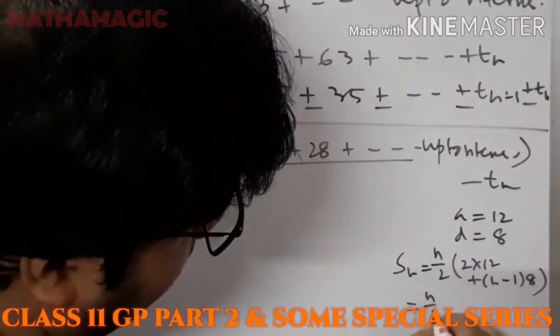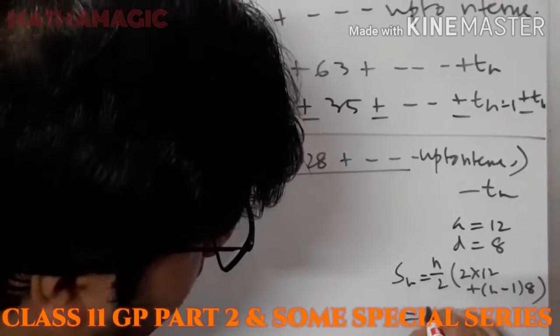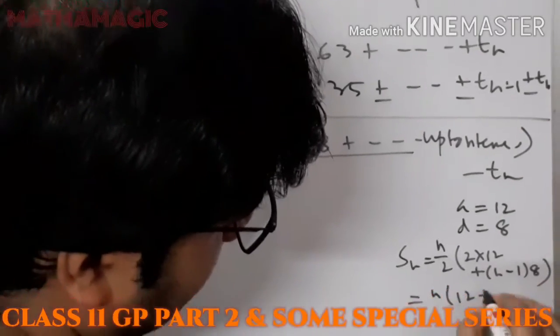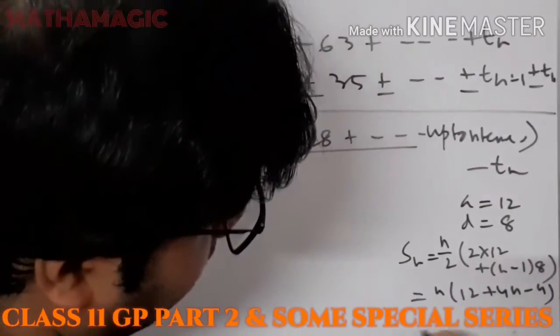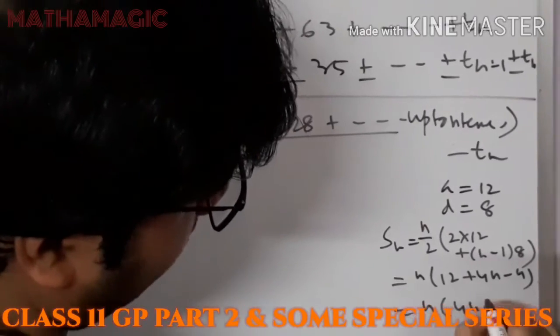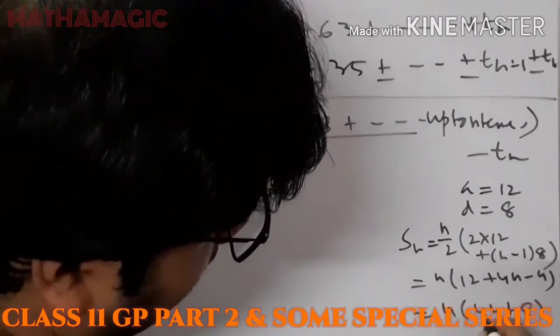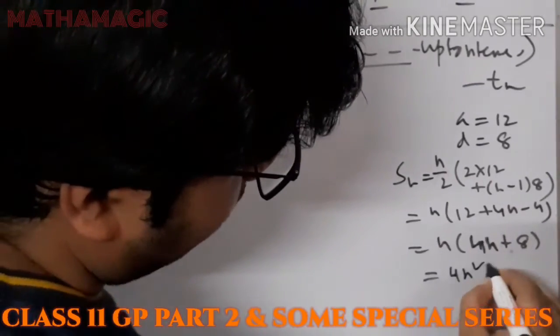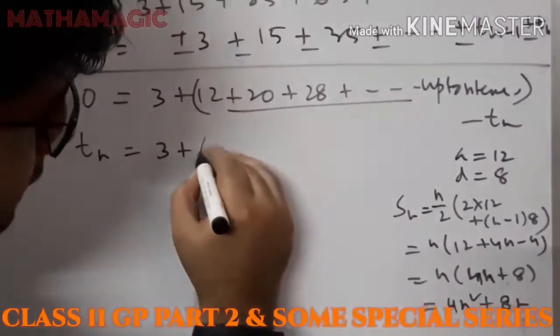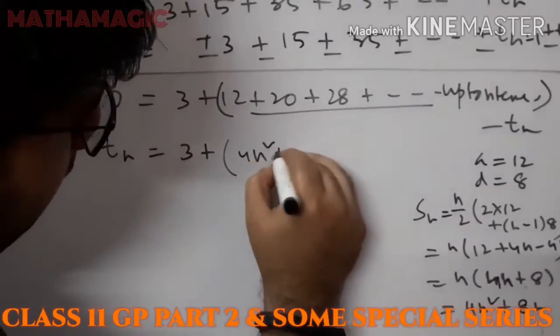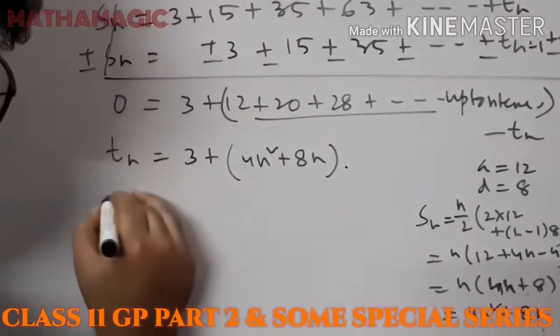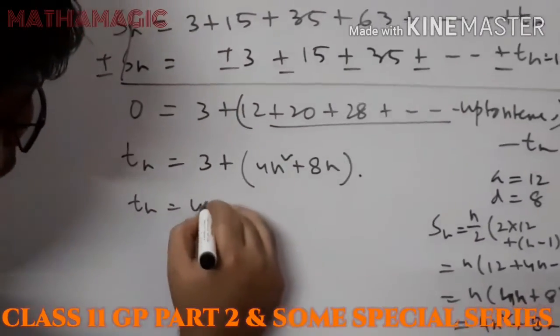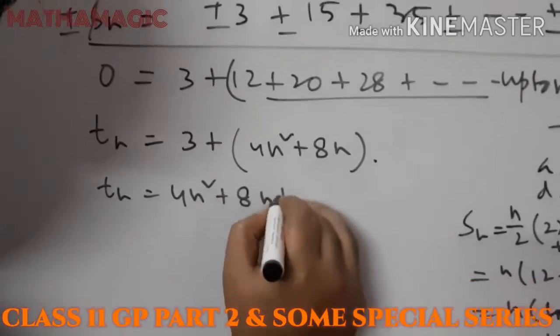So it will be n by 2. If we take 2 common, then it will be 12 plus 4n minus 4. So it will be n into 4n plus 8, which is 4n square plus 8n. Just put this value. So Tn equals 4n square plus 8n plus 3.